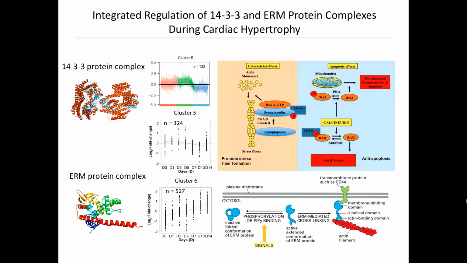So notably, the 14-3-3 protein complex proteins are involved in cytoskeleton polymerization. And we see here how by interacting with the synaptopodin protein, it can help activate it. And then it also plays a role in apoptosis, as we noted earlier in the previous analysis, in which by binding to BAD, it can inhibit apoptosis.